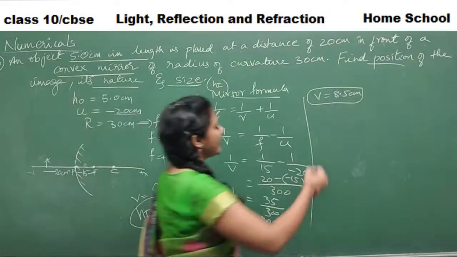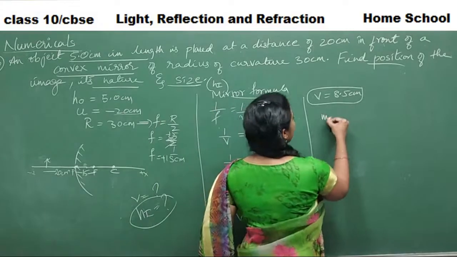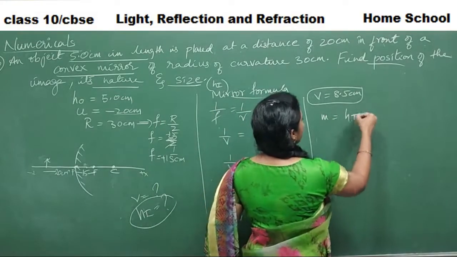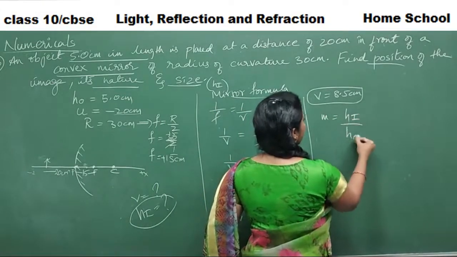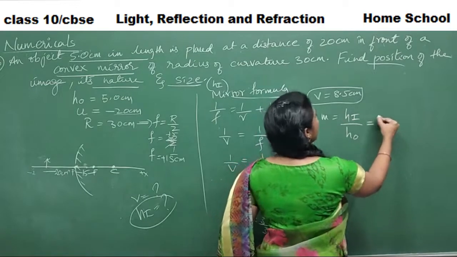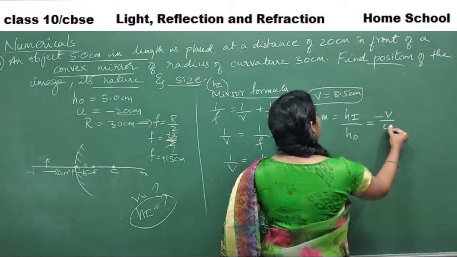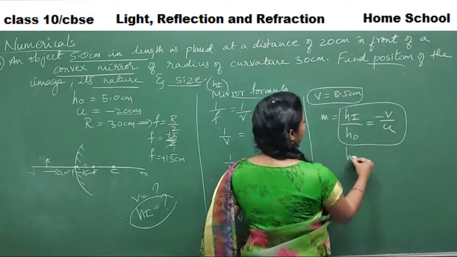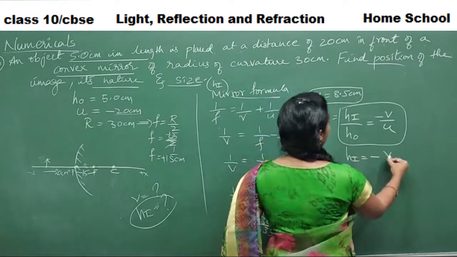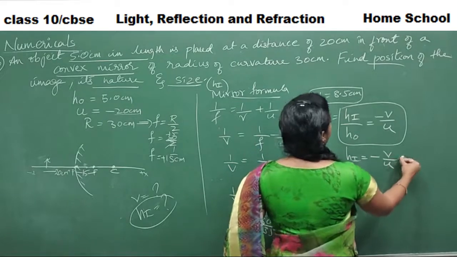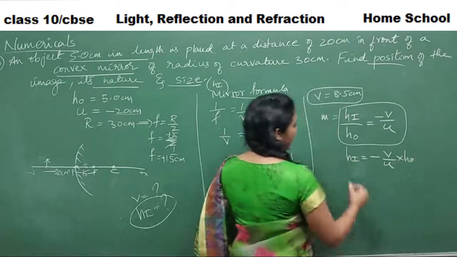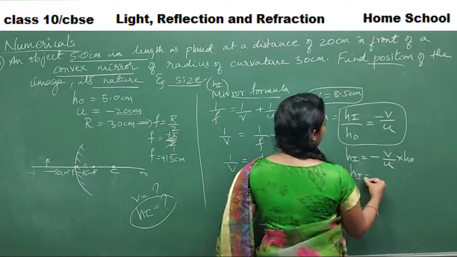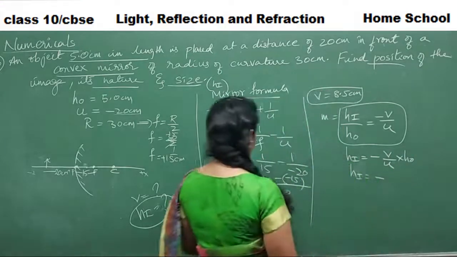So how do you calculate the height of the image? We know the magnification formula, HI divided by HO, which is also equal to minus V by U, right? Rearrange this formula. HI is equal to minus V by U into HO. V is how much?